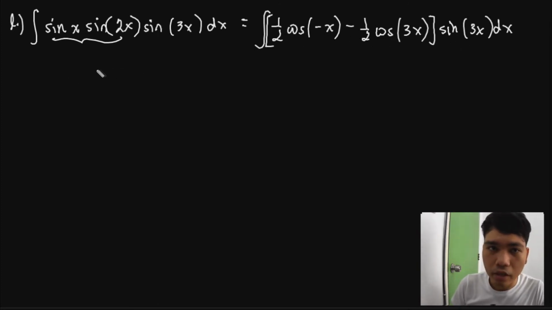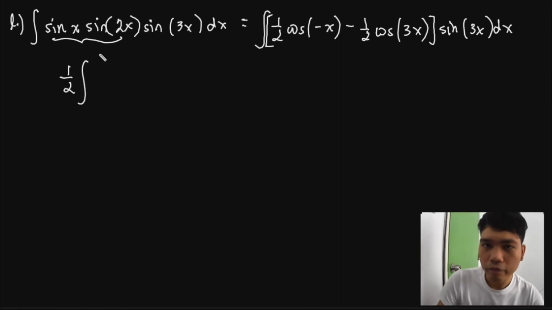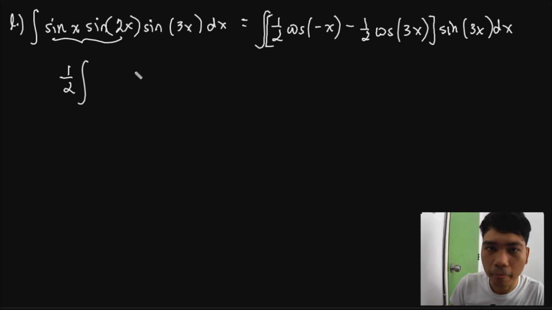So, with this, we can have something like 1/2. Lalabas ko na ngayon yung 1/2 muna dito, no? So, that will be the 1/2 the integral of cosine of, di ba sabi ko before, kung cosine of negative x yan, same lang din yan ng cosine of x. So, in this case, I'll be using cosine of x just to make this simplified. Kasi, though pwede naman yung cosine negative x.